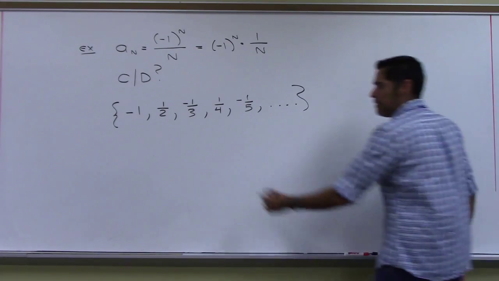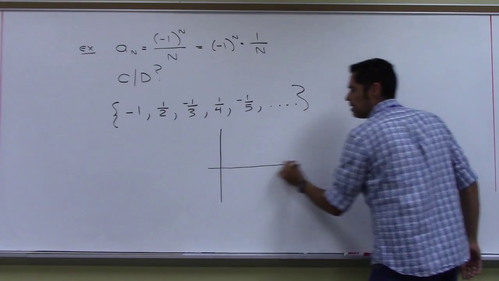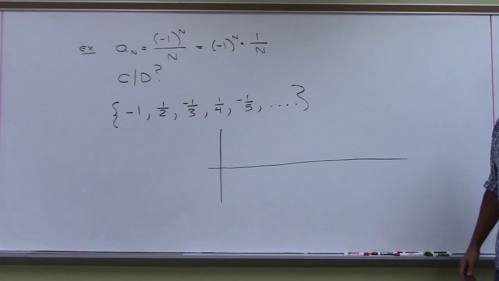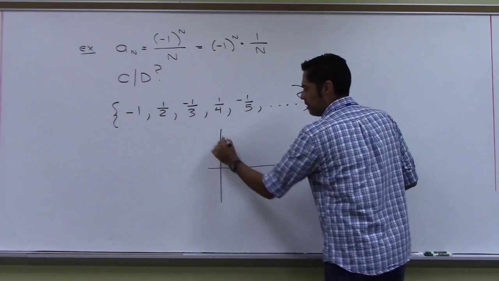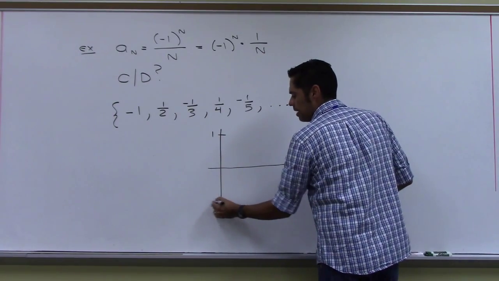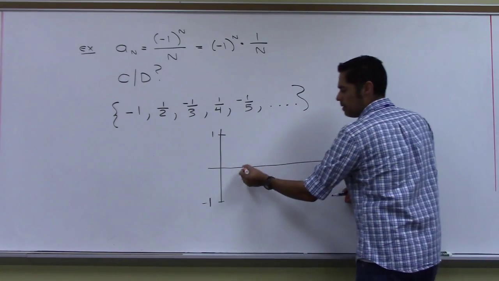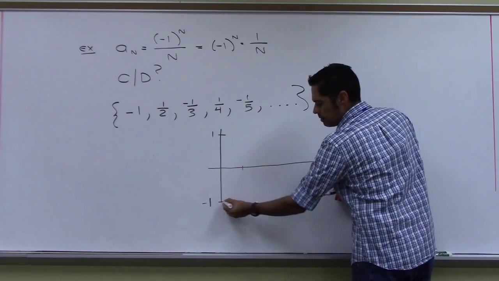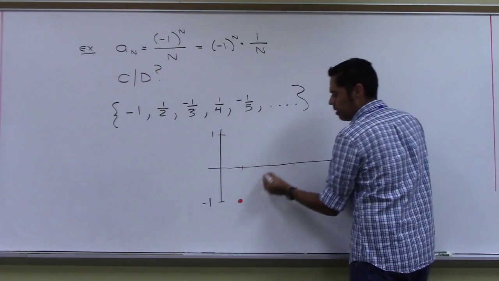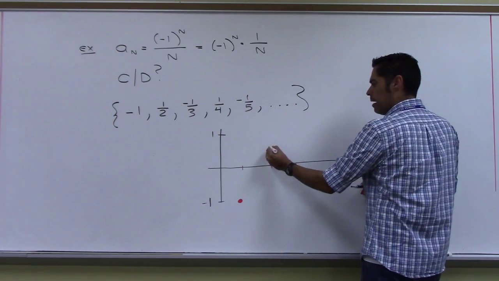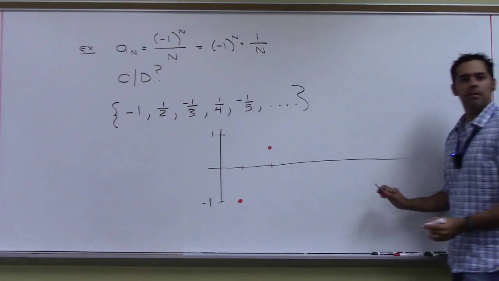If we were to graph this, plot this sequence, it would look something like, let's see, if this is 1 up here and maybe this is negative 1 down here. When we plugged in 1, we got negative 1. When we plug in 2, we got positive 1/2. You with me?